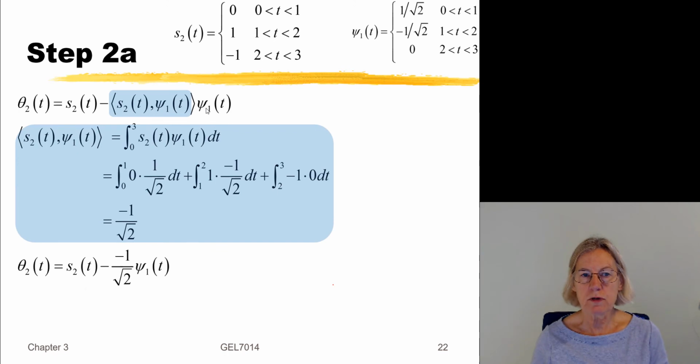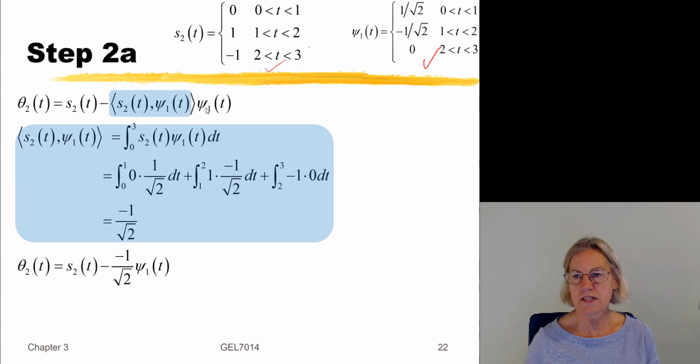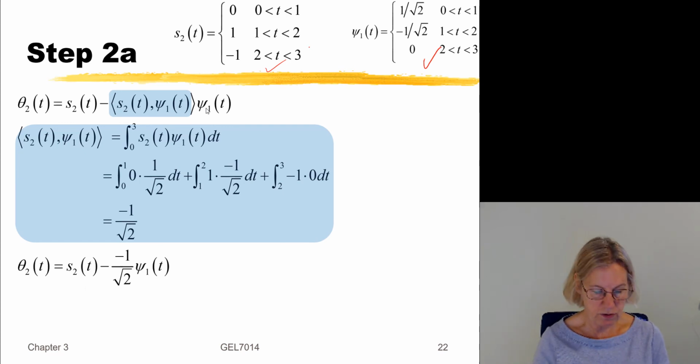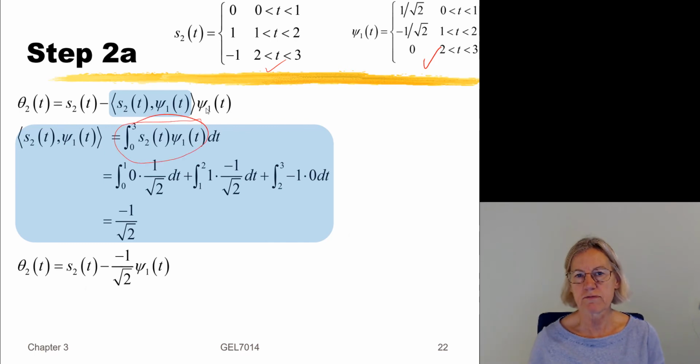Now we get on to step 2. In step 2, the first thing I have to do is calculate the inner product of S2 with the newly found basis vector. So here's the basis vector I found on the previous slide. Here is the definition of the second symbol. So now I just have to calculate the inner product of these two. I have to calculate the integral of the product over the interval from 0 to 3. So I break it up. There are three different zones of definition of each of these functions.